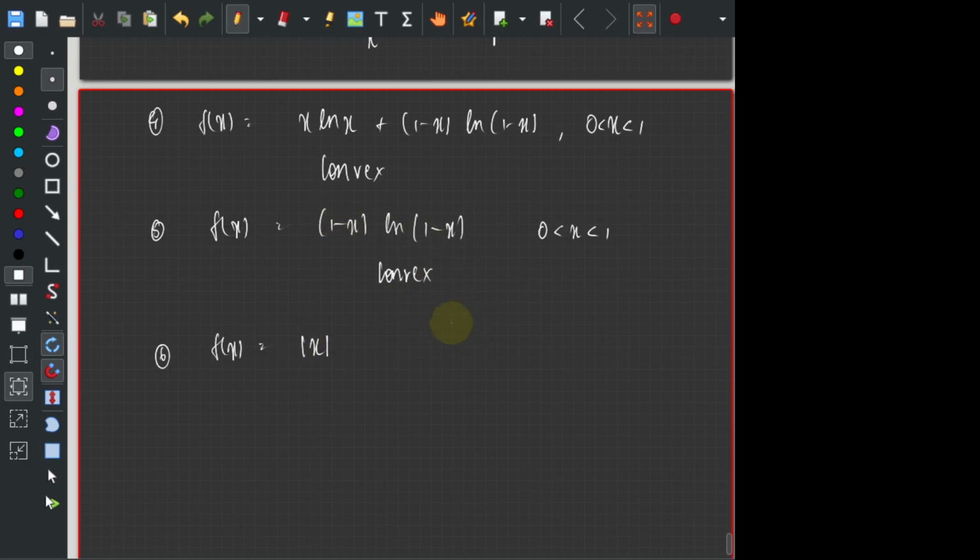So let's take f of x to be equal to x for x greater than or equal to 0, and minus x plus 1 for x less than 0.